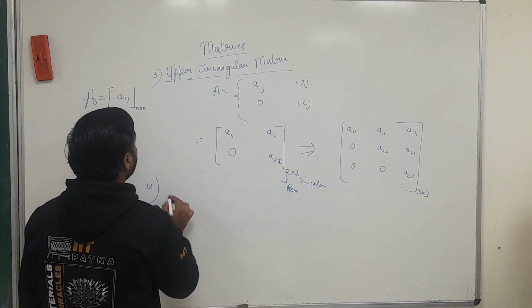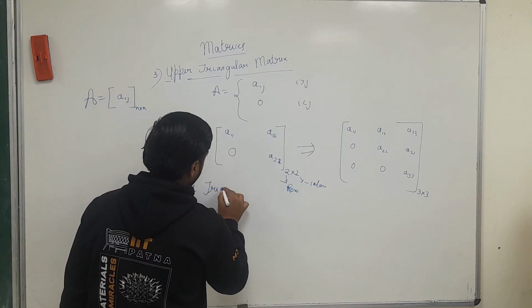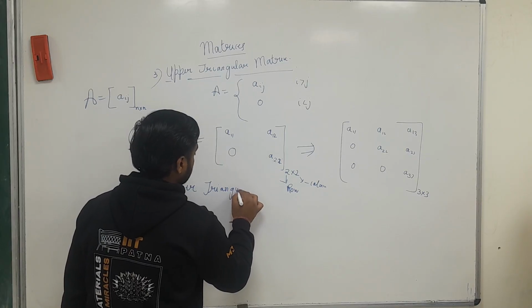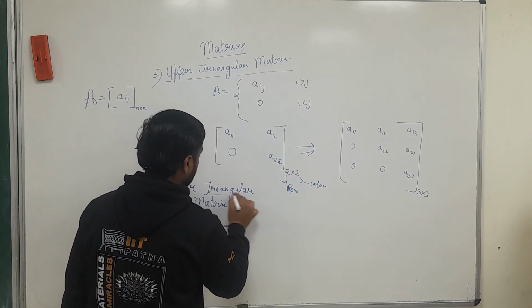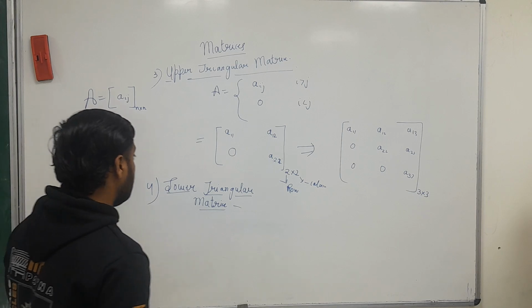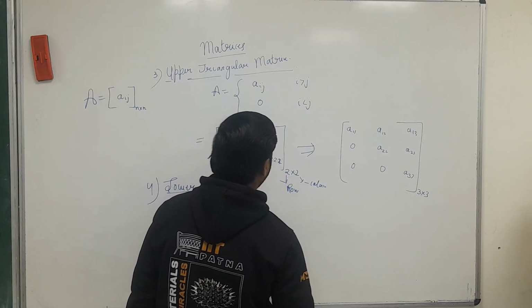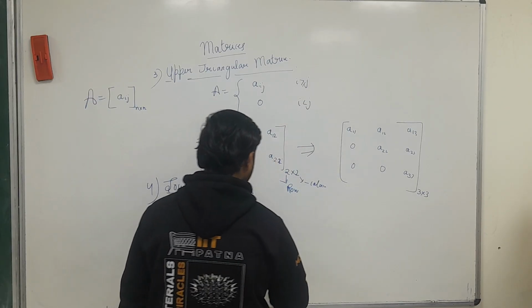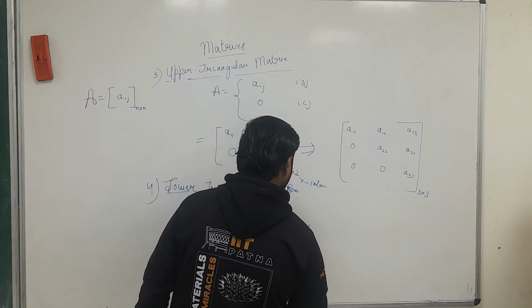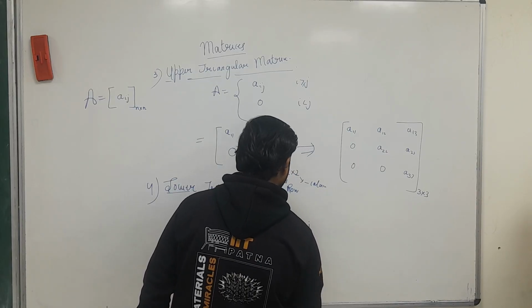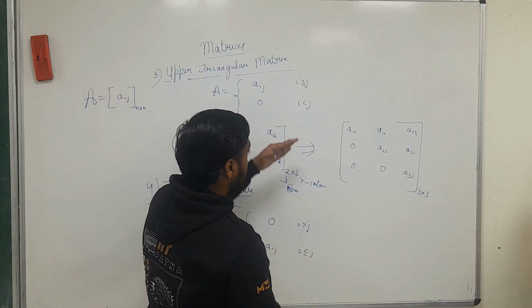Similarly, the lower triangular matrix is just the opposite. The principal diagonal.